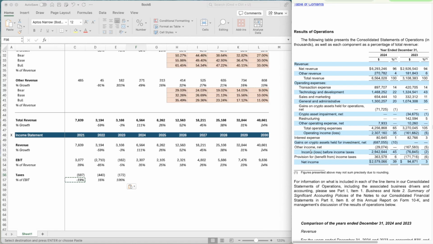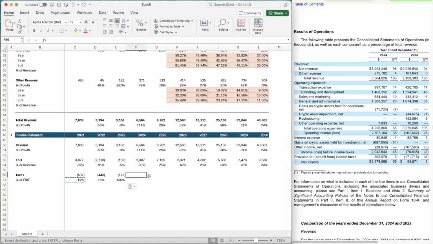Oh, what did they pay? In 2024 they paid rather than benefit. 3.578.